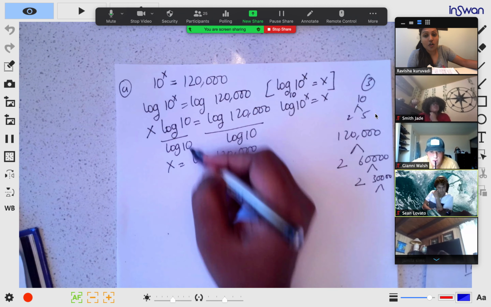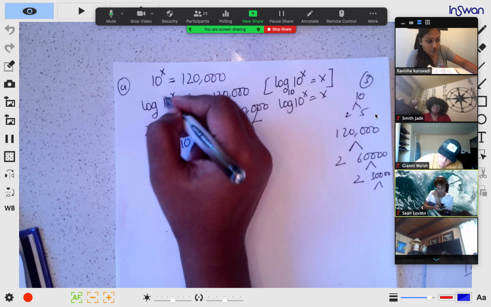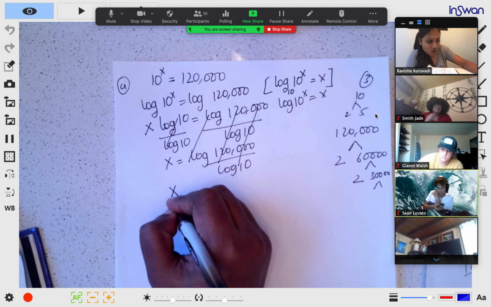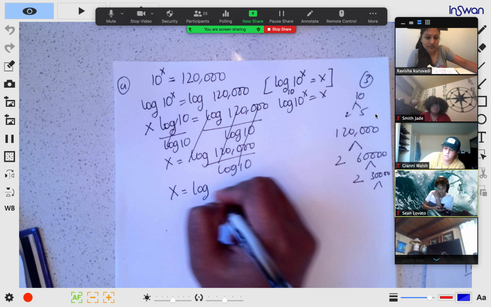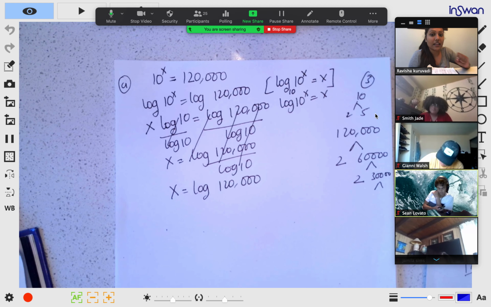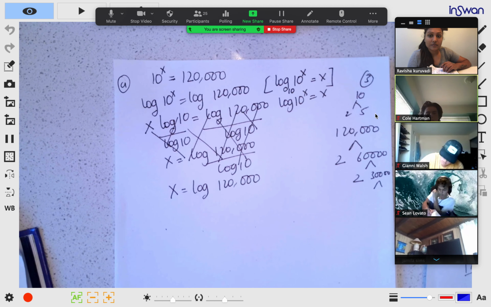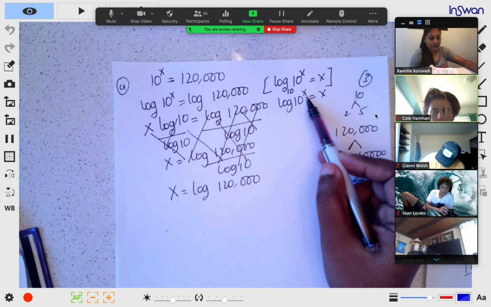This becomes x is equal to log 120,000. That's the reason we are taking log, not ln, so that we can directly solve it. We don't have to do this simplification part. Remember this property: log 10 to the power of x is directly equal to x.